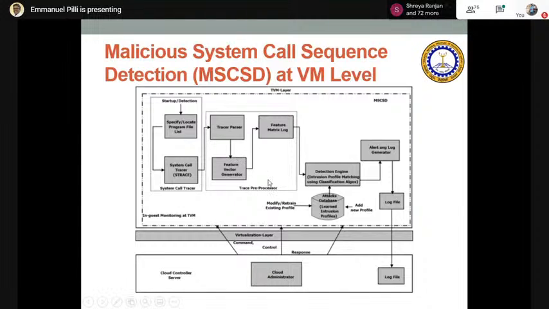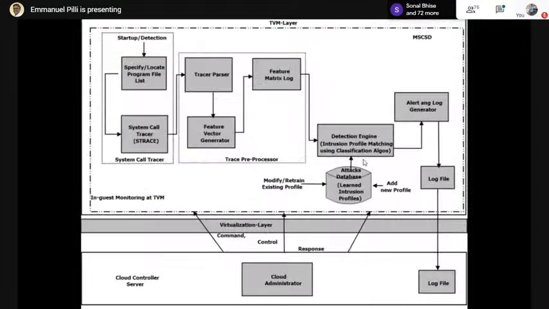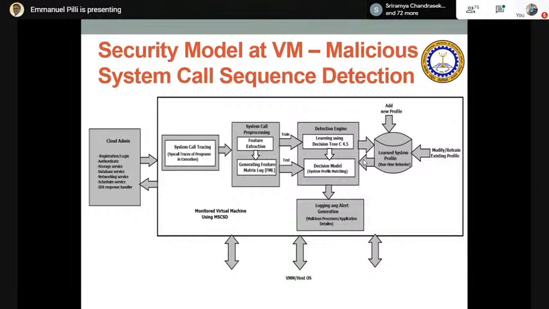So you build a preprocessor, then you build a classifier, and from then onwards, whenever new traffic comes in, you can say how it is accepted. This is how it looks in a bigger sense, the actual model. There is the cloud admin, and when you parse it, you get a cloud security system called data.